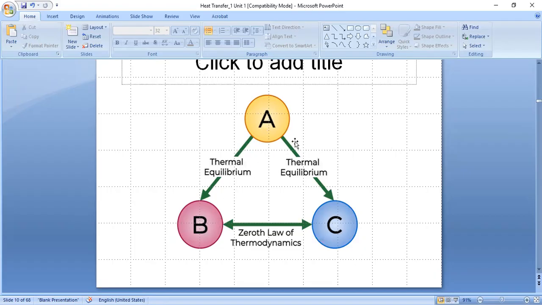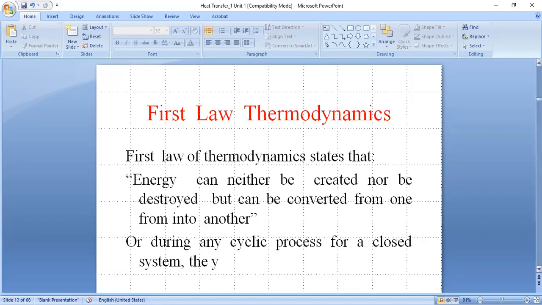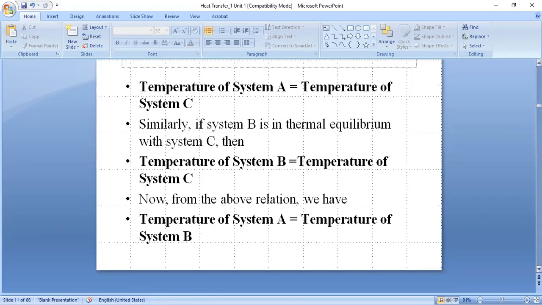Again, body A to C will be transferred, that is also thermal equilibrium. Body B and C, zeroth law of thermodynamics. See here, the temperature of system A is equal to the temperature of system C. Similarly, if system B is in thermal equilibrium with system C, then the temperature of system B is equal to the temperature of system C. Now, from the above relations, the temperature of system A is equal to the temperature of system B.